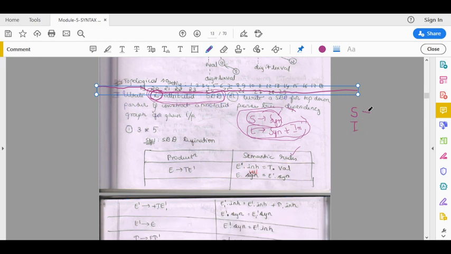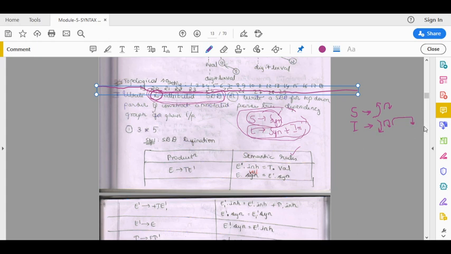So synthesized, the value will go from child to parent and itself, right? When it comes to the inherited, it will go from parent to child, itself, as well as its sibling.